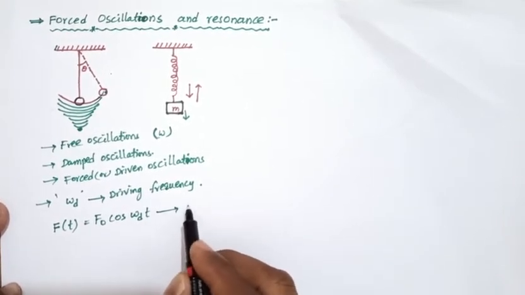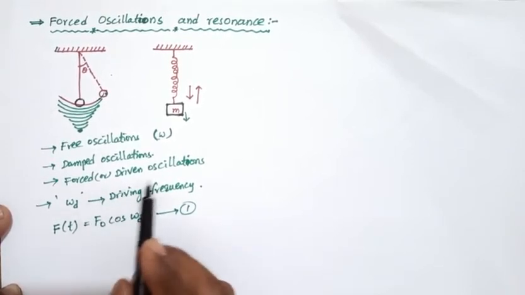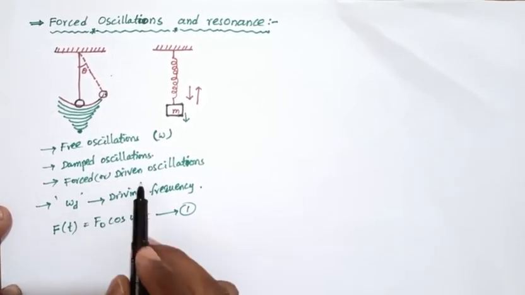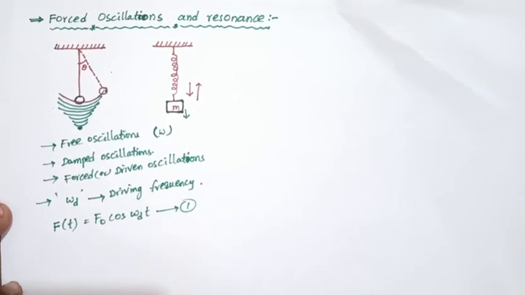So this is equation number 1. The external force varies periodically with amplitude F naught cos omega d t.